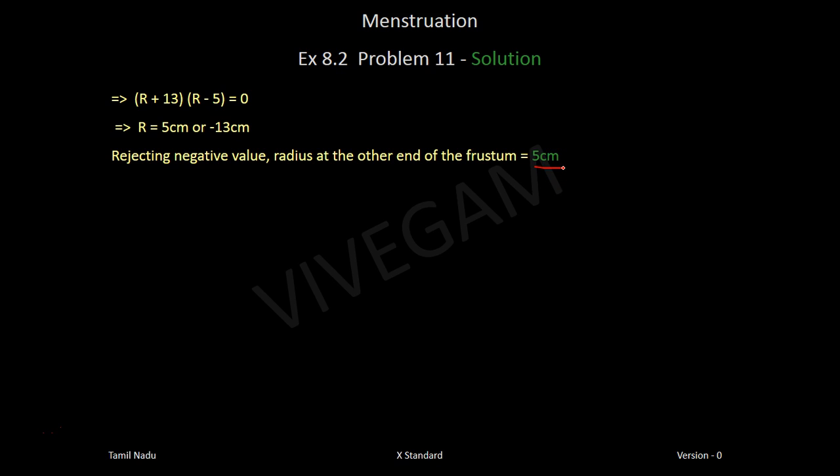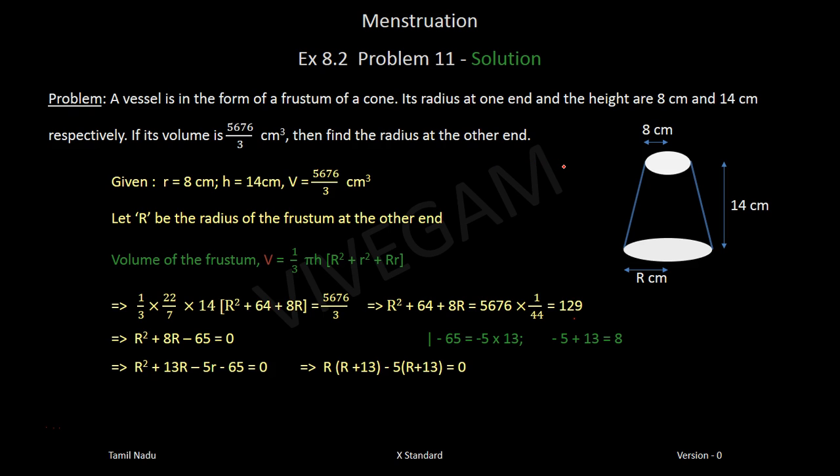Please note, we assumed it to be the bigger side, but it turns out to be the smaller side. But nothing to worry, we have to make an assumption and start. Are you able to get my point? Otherwise let's go back.